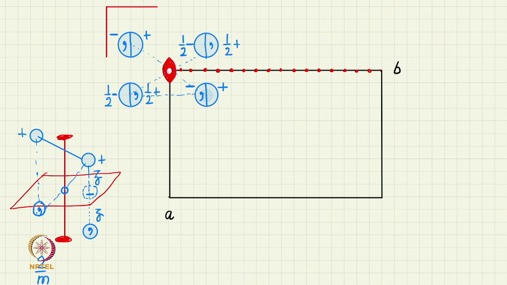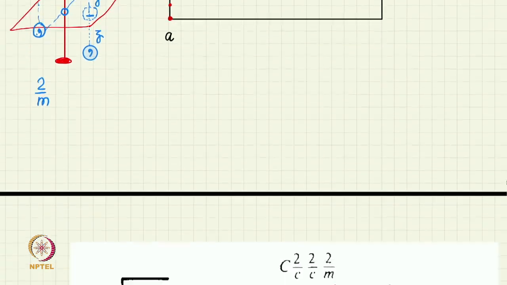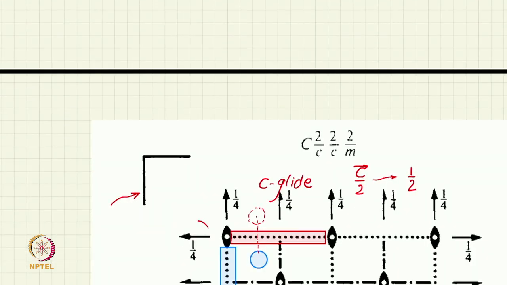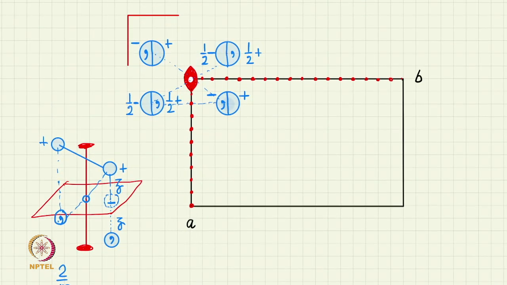So, this other glide is an automatic result of the operations which we have already followed, but since it is present in the crystal, it is shown there. Similarly, you can convince yourself that this quarter twofold is already used in creation of these 8 positions. So, in the end these 8 positions satisfy all the symmetry elements in and around that lattice point.